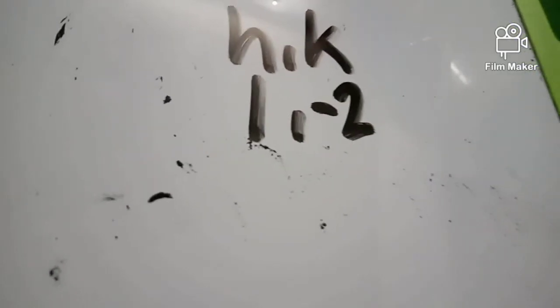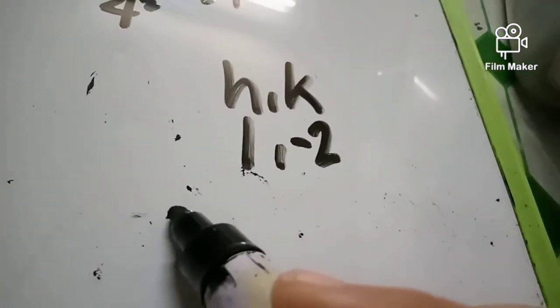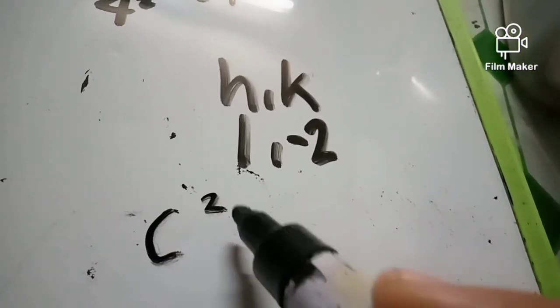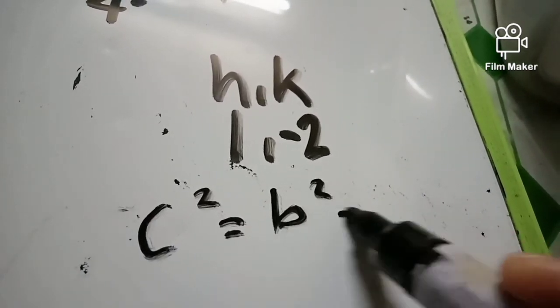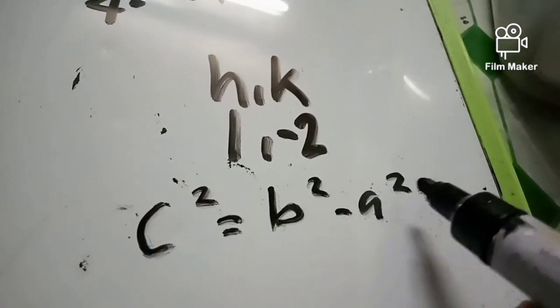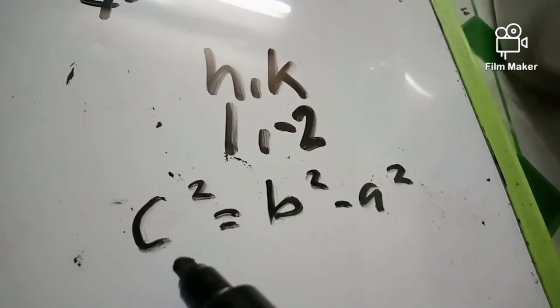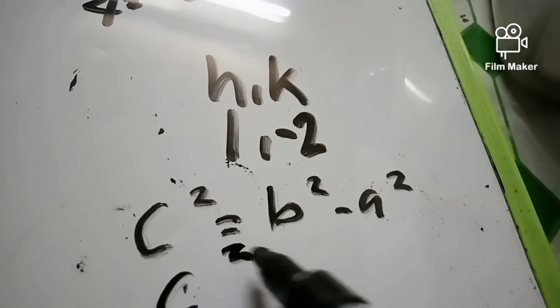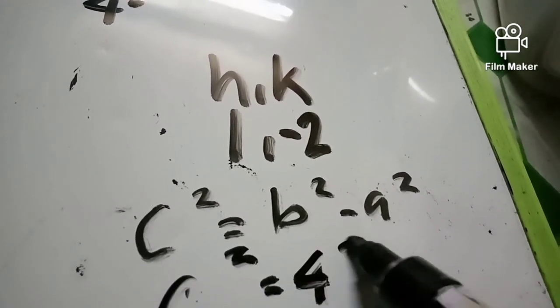So guys, pagpapatuloy natin yung H and K. So 1 and negative 2. So magsusolve tayo. C squared is equals to B squared minus A squared. So alam naman natin, ang B natin ay 4 squared.